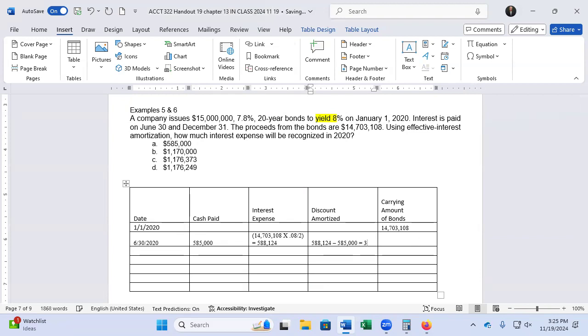And that equals 3,124, which we will add 3,124 to this balance and end up with 14,706,232. Now I'd like you to calculate the 12/31/2020 line. And just keep in mind that your cash paid is always going to be the 585,000.